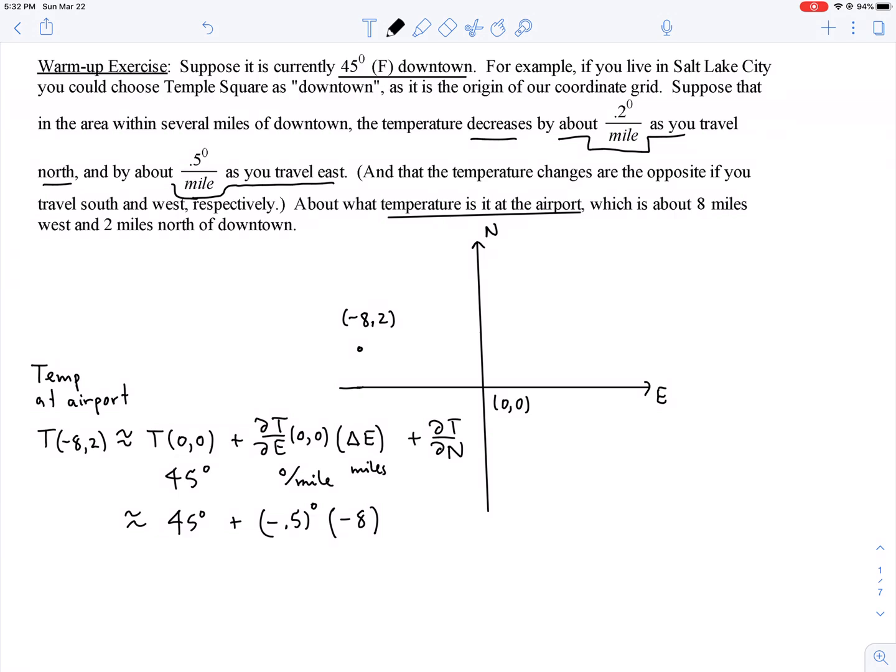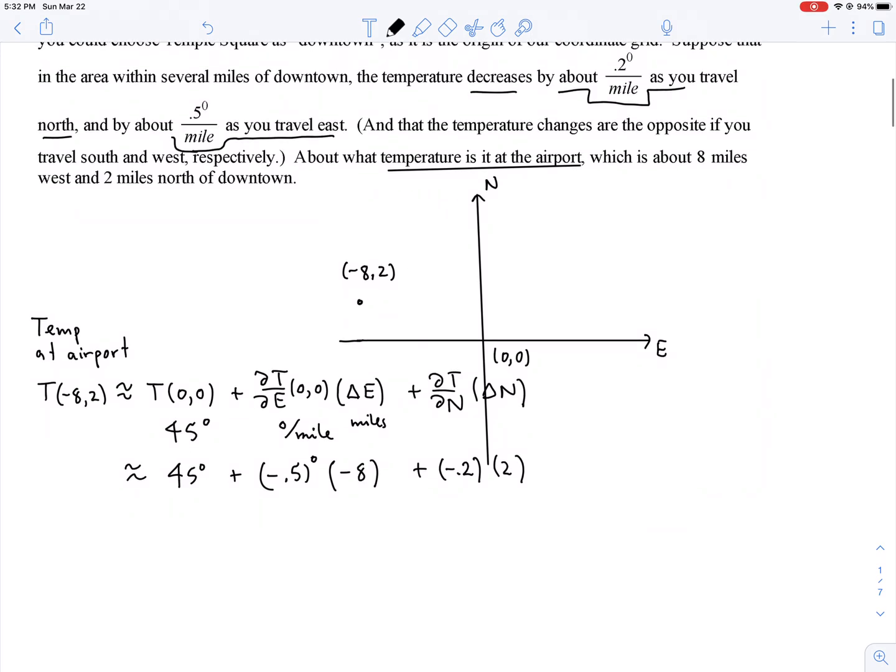And so I'll use how fast it's changing in the north direction, in degrees per mile, times how far north I went. And it is decreasing by 0.2 degrees in the north direction, and I went 2 miles north. Okay, so to summarize, I went 8 miles west. That increased my temperature by 4 degrees.